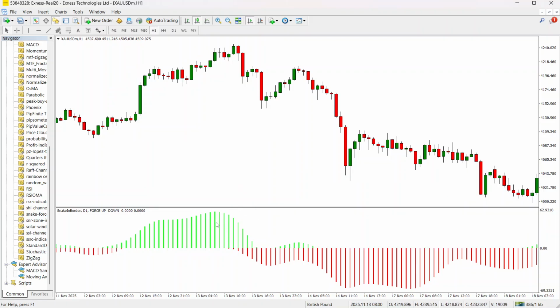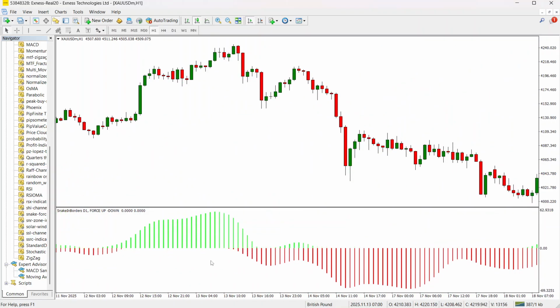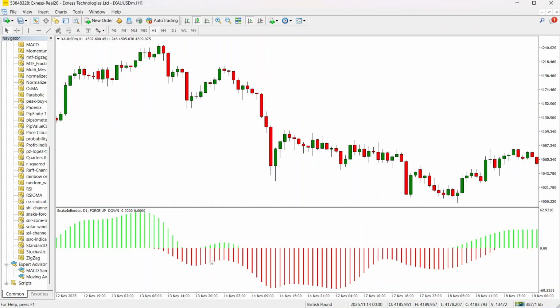When the line trends upward, it signals that buyers are dominating, as you can see here and here, while a downward movement suggests stronger selling pressure, and the simplicity of this representation is one of its core strengths.